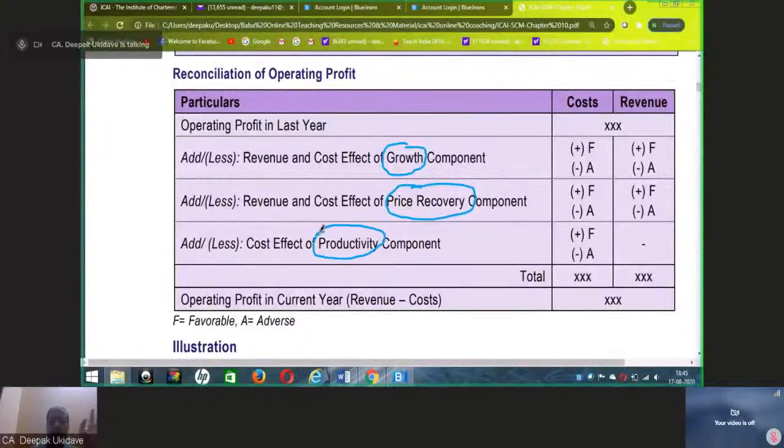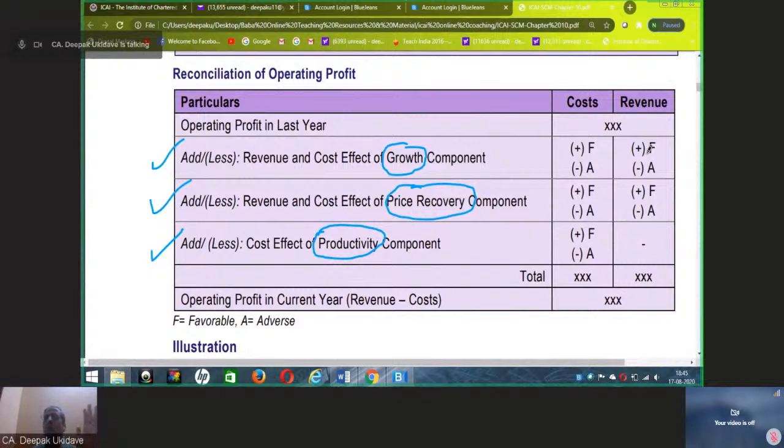And we do add or less, depending upon favorable, adverse, positive, negative, and so on. So if we have a growth component that is favorable in terms of cost, we add. In terms of revenue, any favorable thing we add, adverse we deduct. Simple way to remember. If it is cost, we show it in the cost column. If it is revenue effect, we show it in the revenue effect column.